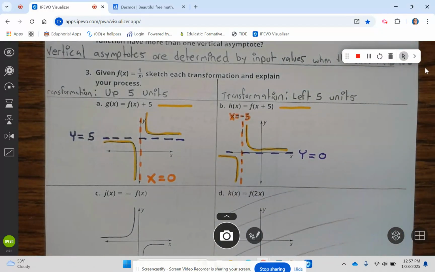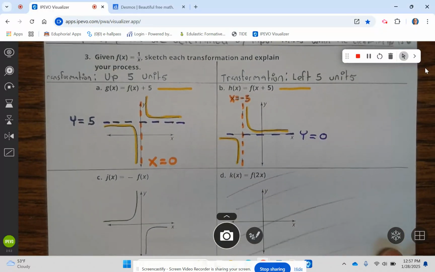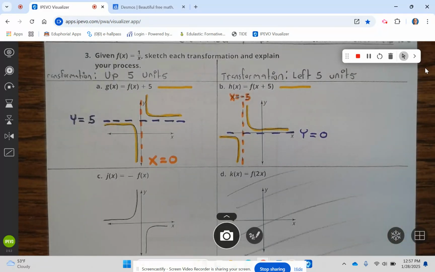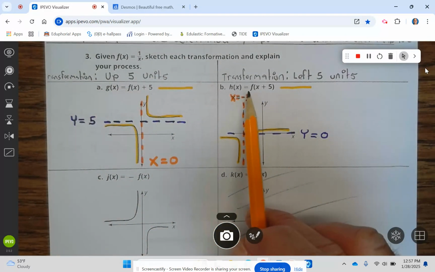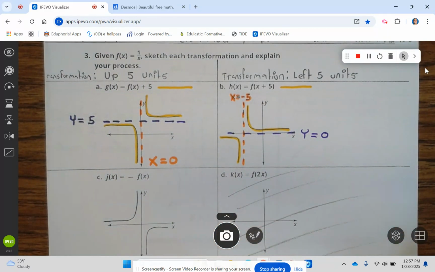All right, go ahead and finish up A and B. And for A, the transformation is up 5 units, and the transformation for B is left 5 units.